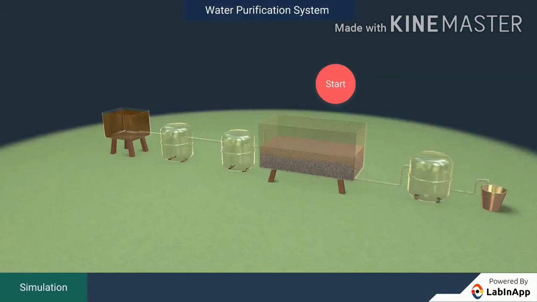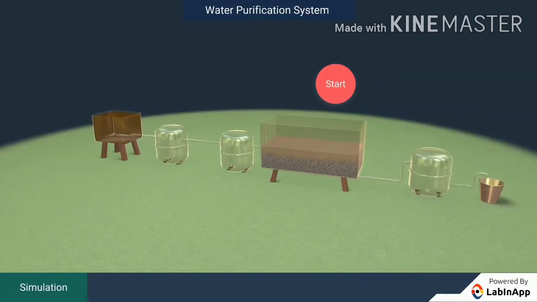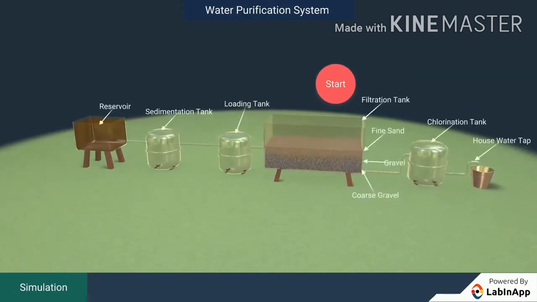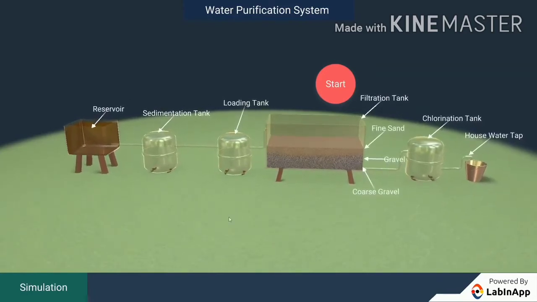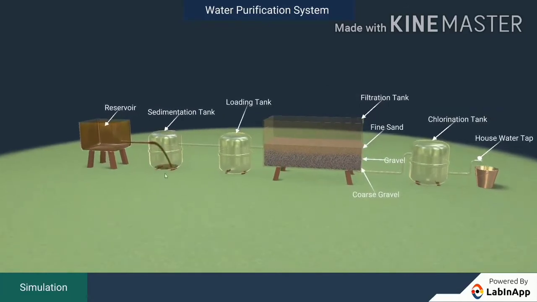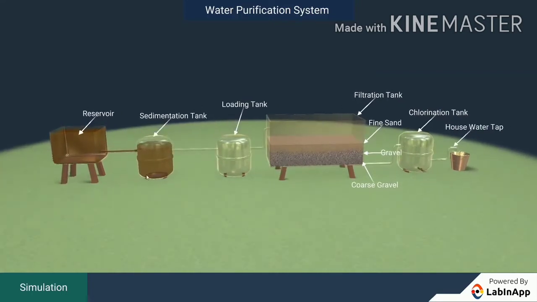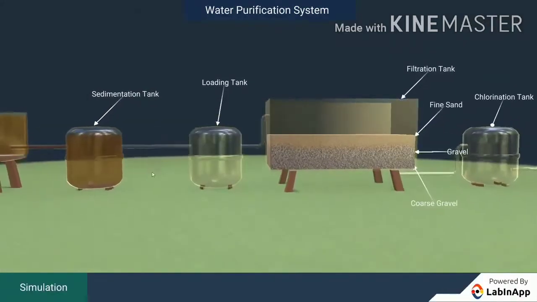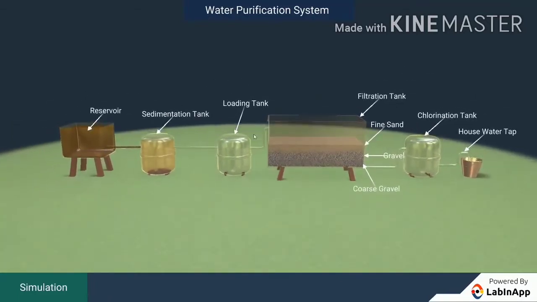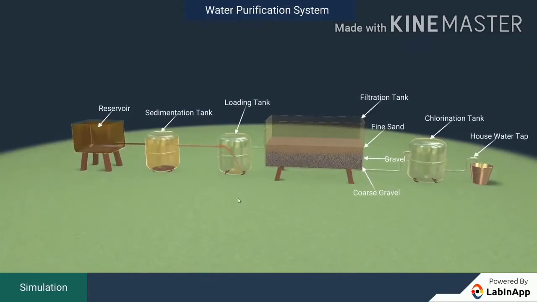Drinking water is supplied from the waterworks. A typical waterworks consists of the following components. Sedimentation tank. Water is pumped from the water reservoir and is allowed to stand in these large tanks for a few hours. Mud, sand, and other solid particles settle at the bottom of the tank. Loading tank. Here, the suspended particles are made to settle at the bottom by adding potash alum. Filtration.